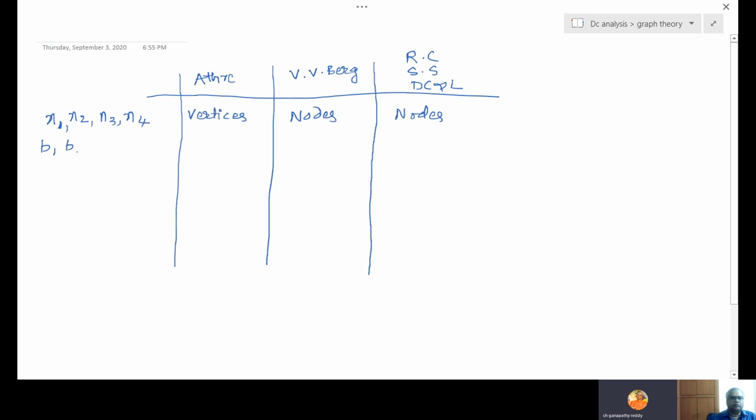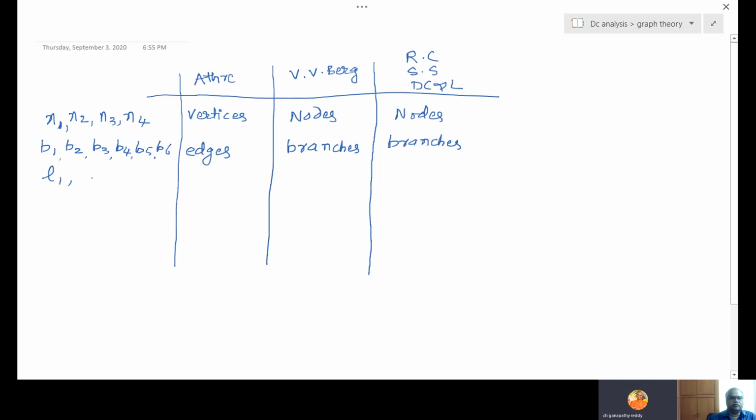Then B1, B2, B3, B4, B5, B6. What is the name given? We call them branches. So this author also says branch, whereas this author says edges.